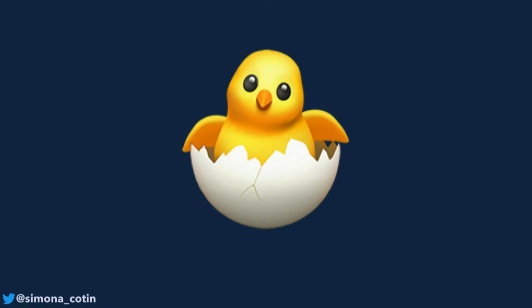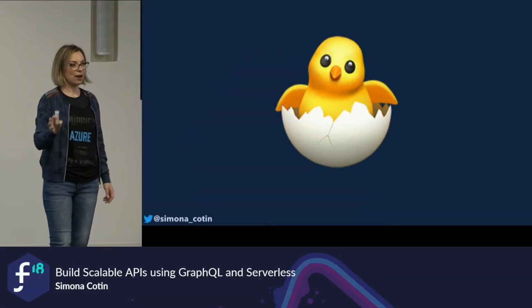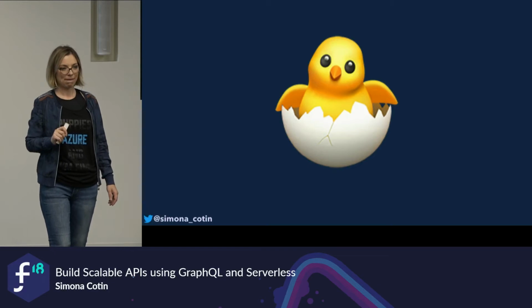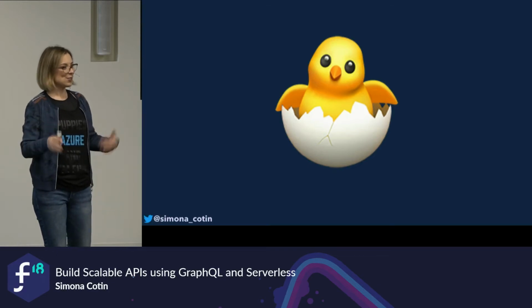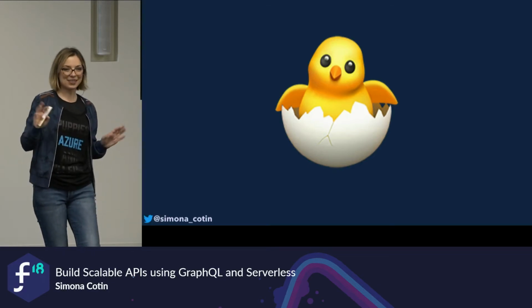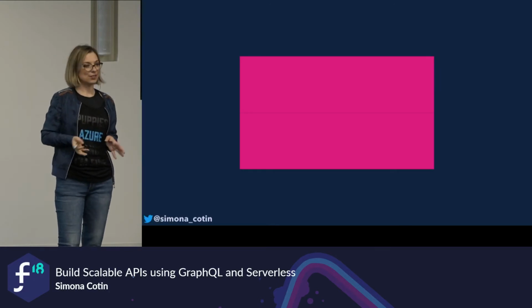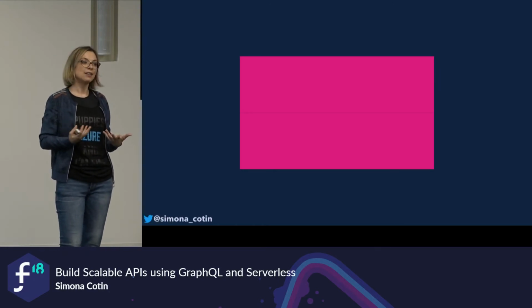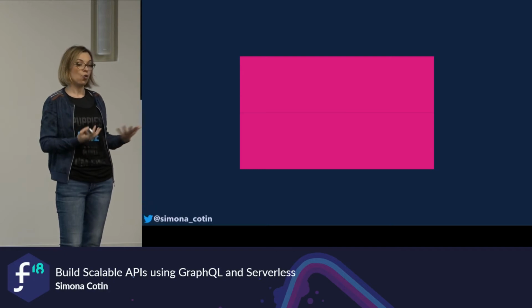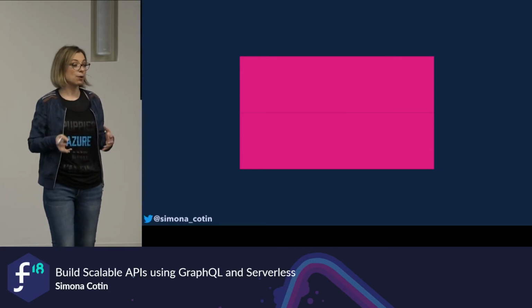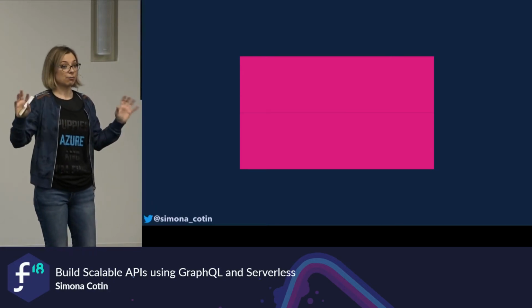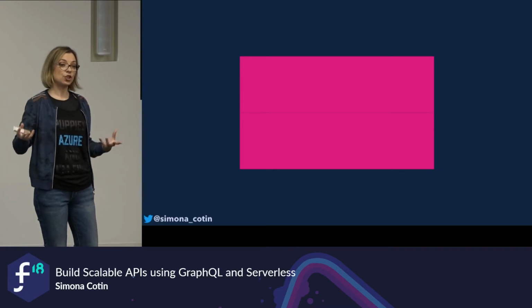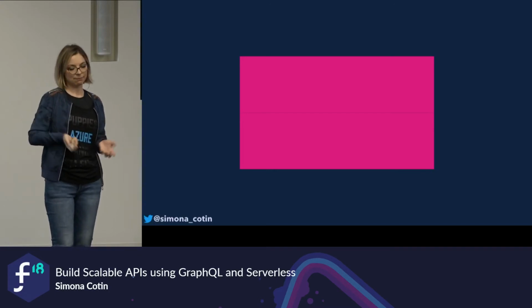Fantastic. So we've seen kind of what GraphQL helps us with. Now what about serverless? When serverless started to exist, most of the time we were looking at a monolith application. Or if it wasn't a monolith, probably it was a series of microservices that would achieve a couple of things.